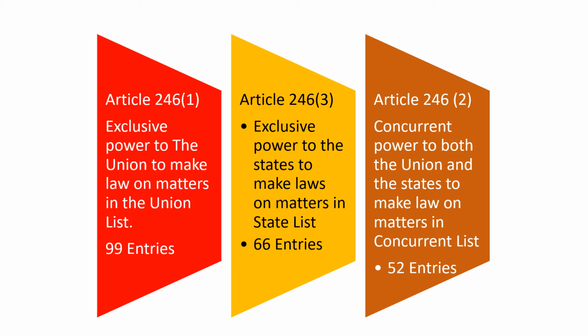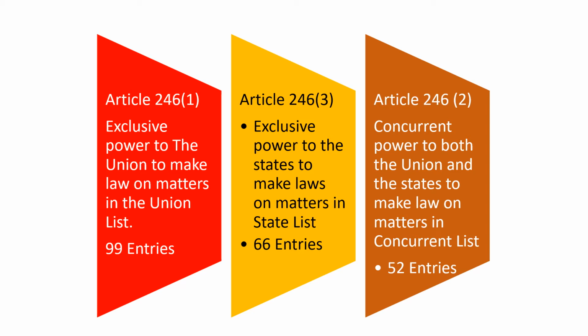Article 246, Clause 1 of the Indian Constitution confers exclusive power on the center to make laws with respect to any of the matters in the Union list, that is list 1 of the 7th schedule.